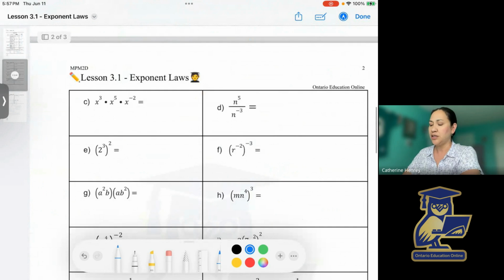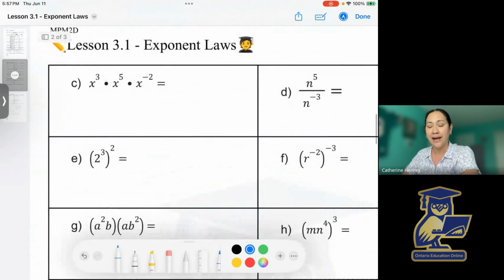Here now we're starting to take a look at examples that have variables in them. So this is x to the power of 3 times x to the power of 5 times x to the power of negative 2. They all have the same base, so we can keep the base the same, which is going to be x. Now, the multiplication law says that I have to add the exponents.